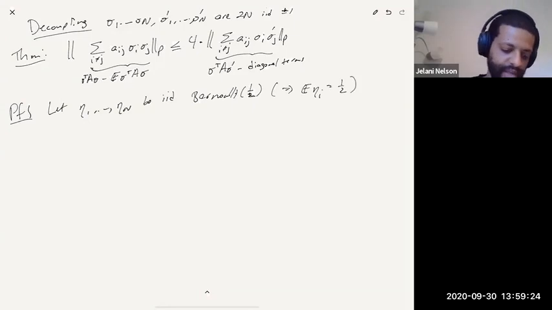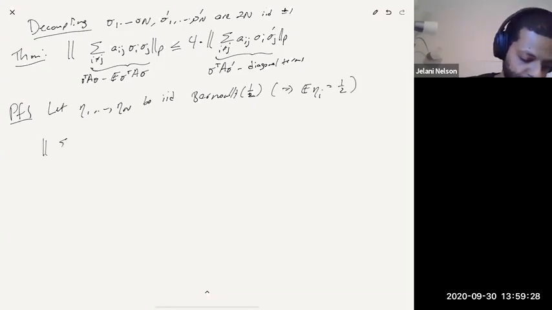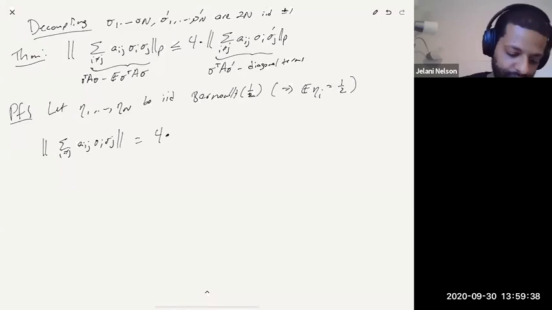So I can write this thing is equal to 4 times the expectation over eta, sum I not equal to j, aij.